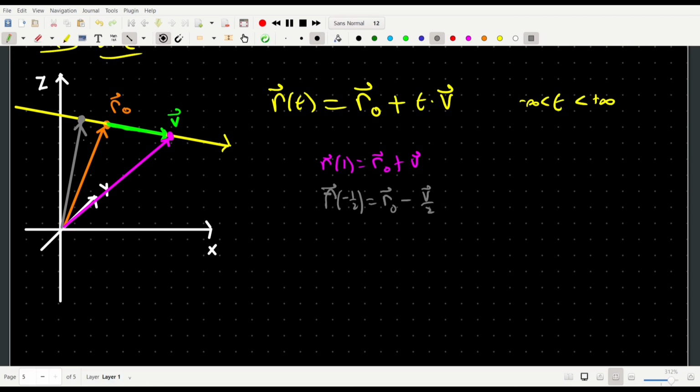So I think you can clearly see that for any value of t that you've suitably chosen, you can get any point on this line. And all you need to define a line is just a point and a vector that gives the direction the line is going.